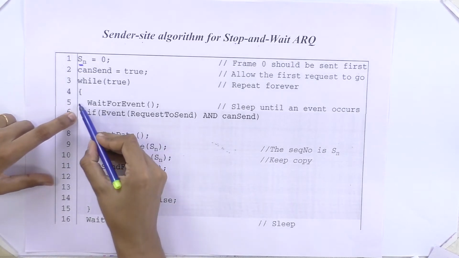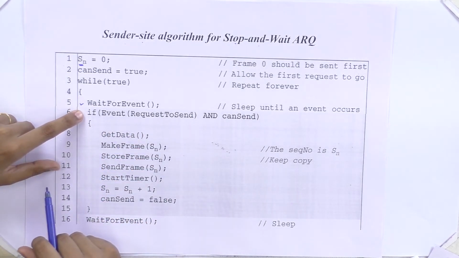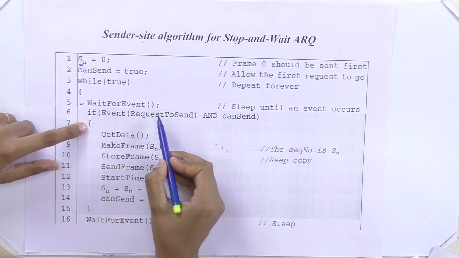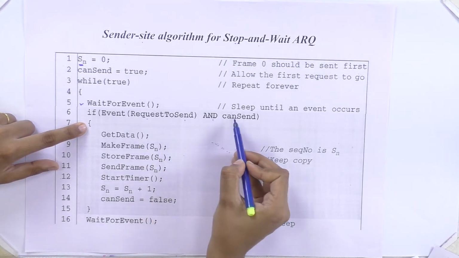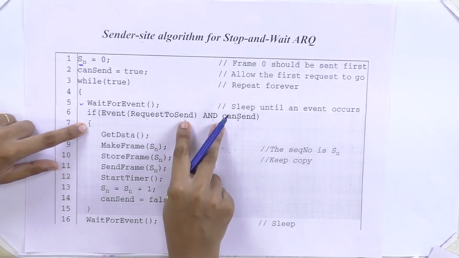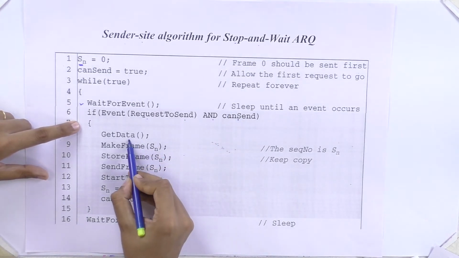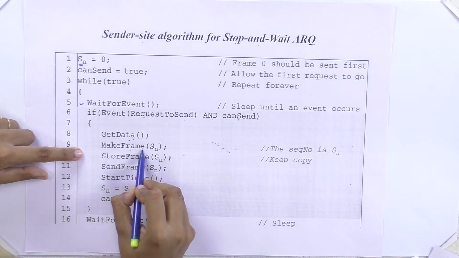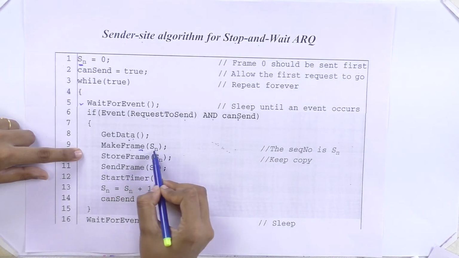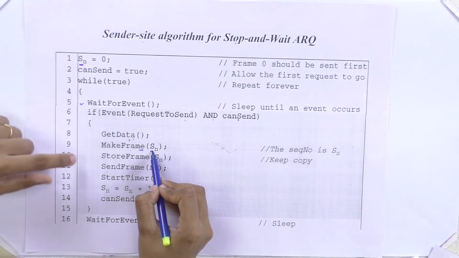The same story: it waits for the event, and if the event is a request to send and CanSend is true, upon satisfying these two conditions, the data link layer gets the data and makes the frame. In that frame the sequence number is also added.